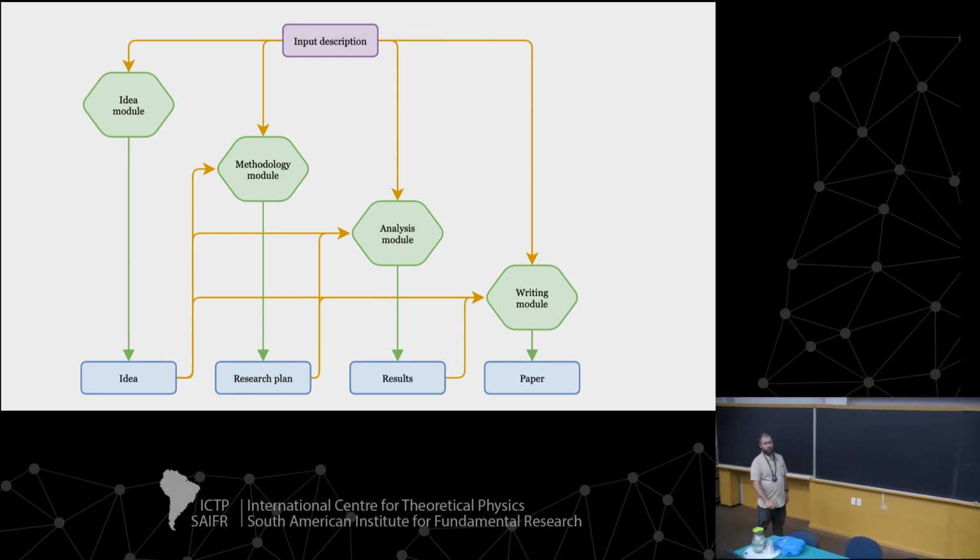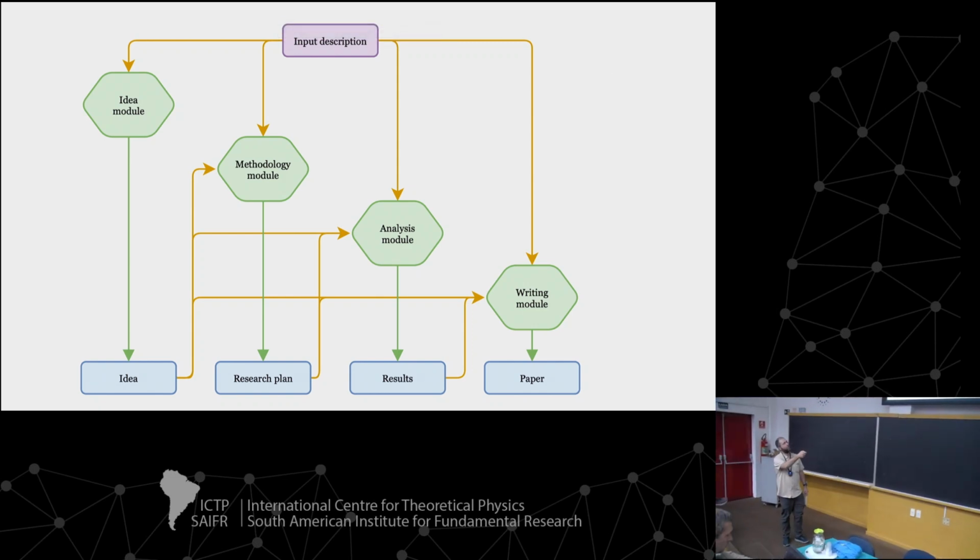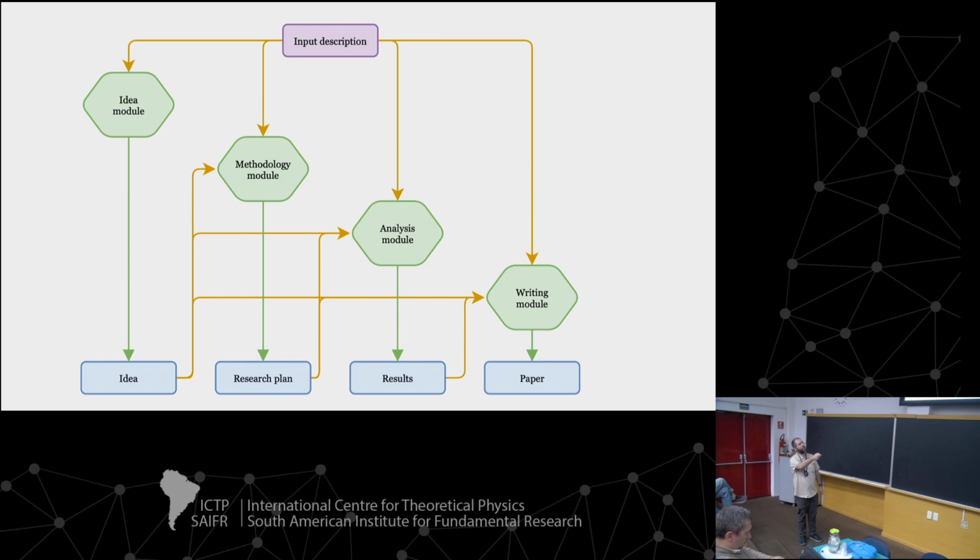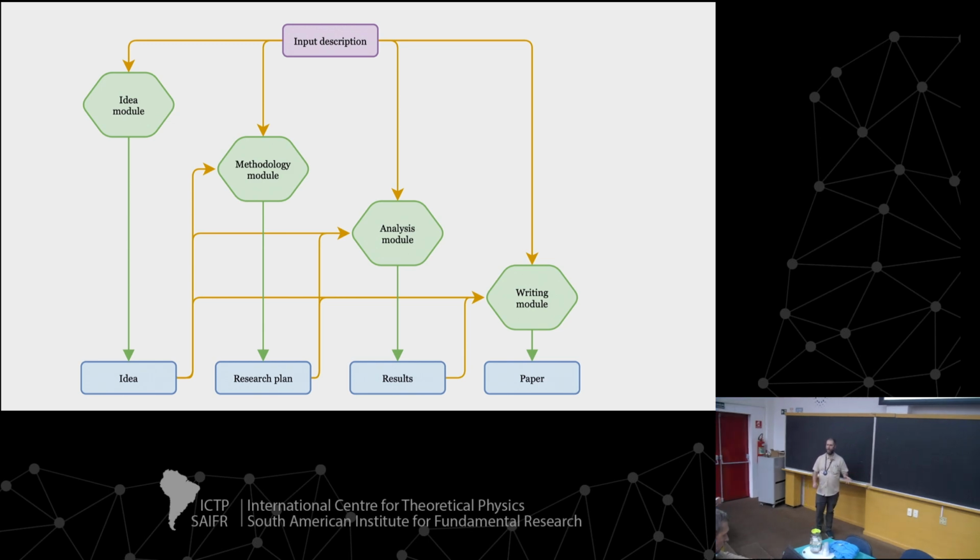The way this code works is that you start with some description, like the files I showed you before from William and Isabel, where you describe the data, but you can also put other things. For instance, you can say you're running the code on a cluster, so you have access to a GPU, maybe 10 CPUs, or any computational constraint you may have. Anything you want, you can put it there.